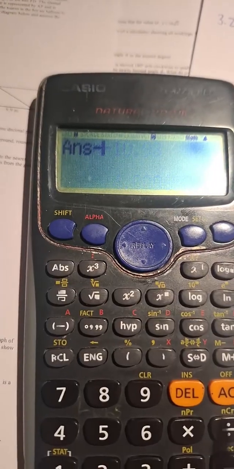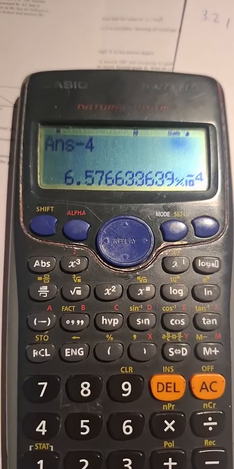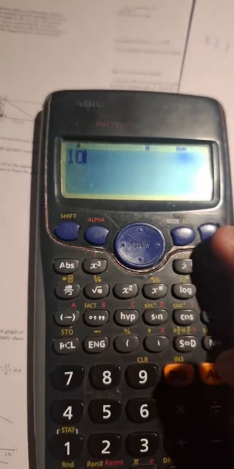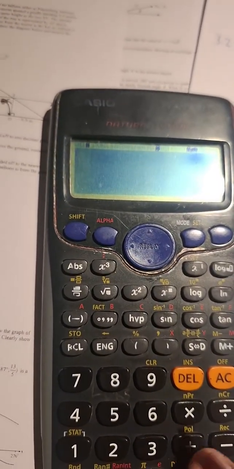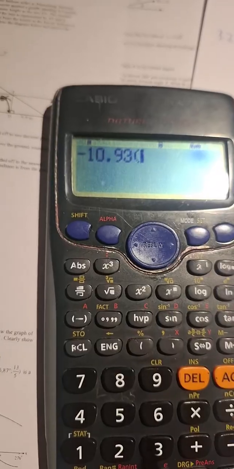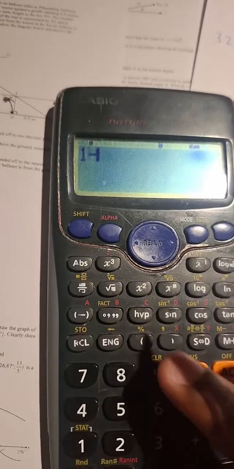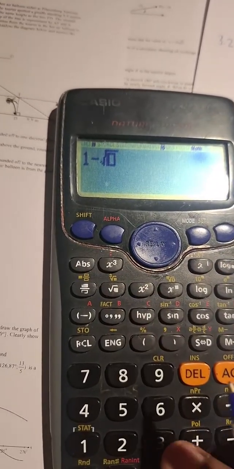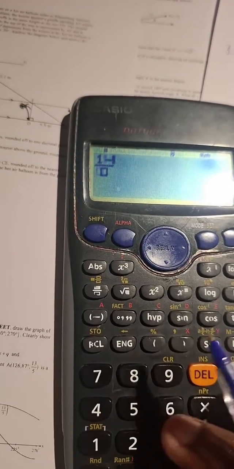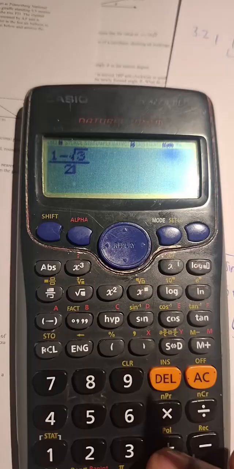Then we subtract 4. Oh, so it must mean it's a very small number.